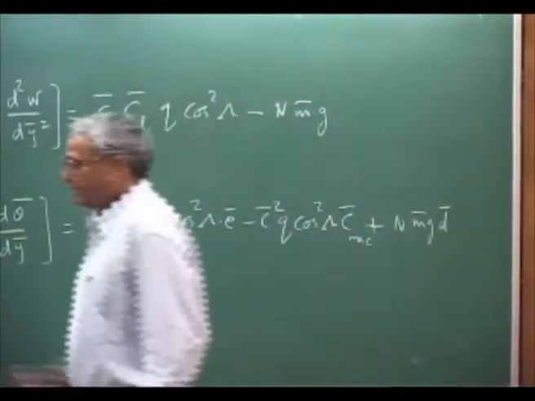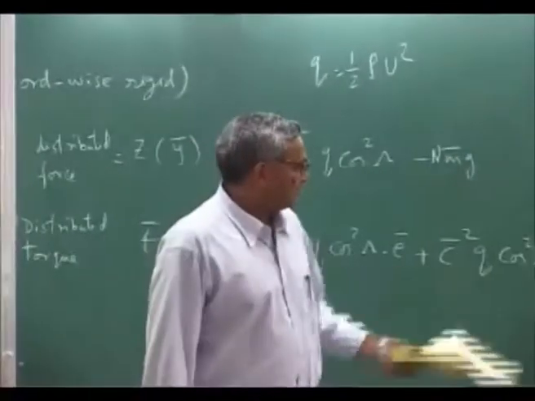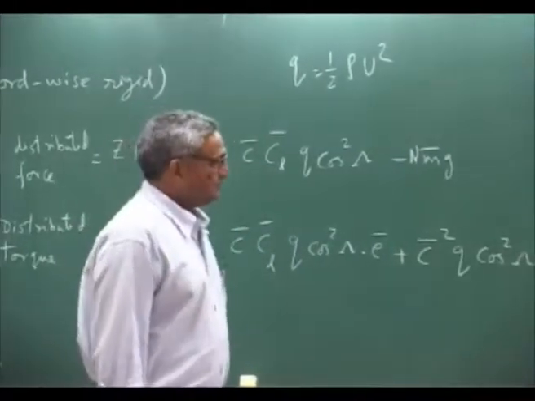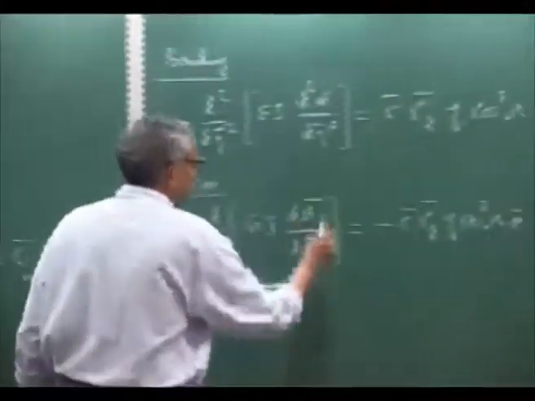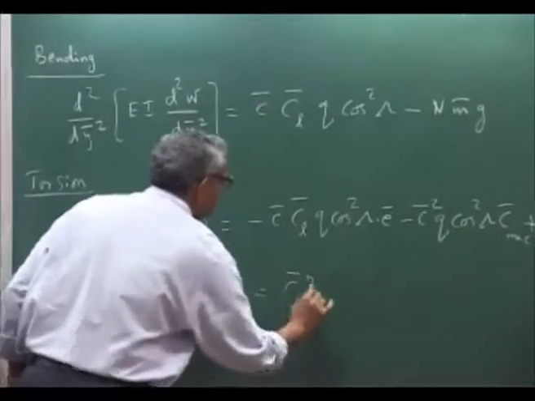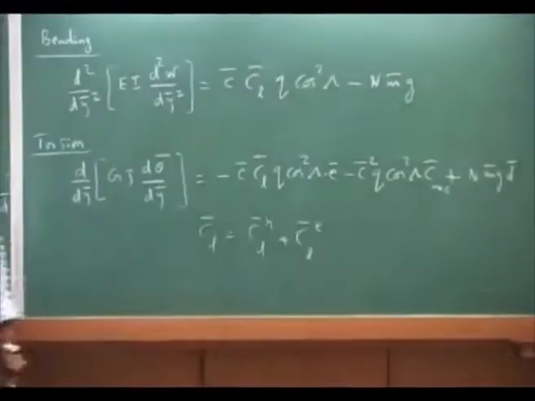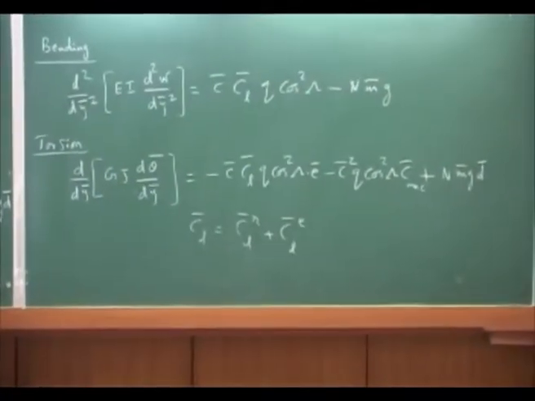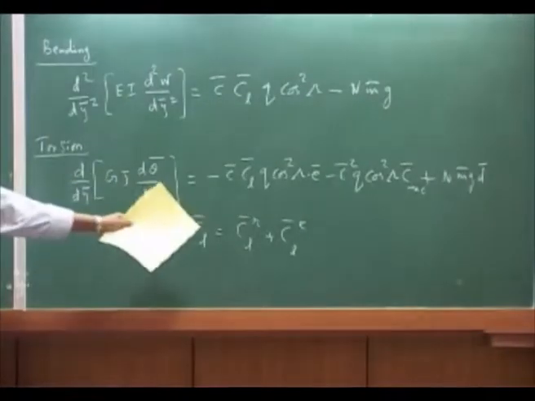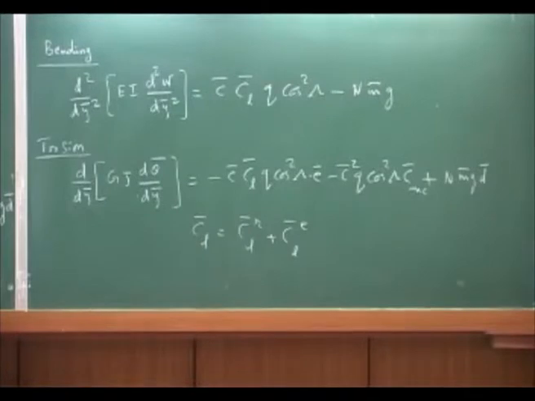Okay. Now this is my torsion equation. Now what you do is, as usual, you split your CL bar as CL bar rigid plus CL bar elastic. Okay. And then collect the terms of the elastic to the left side and then write your complete equation. Okay.